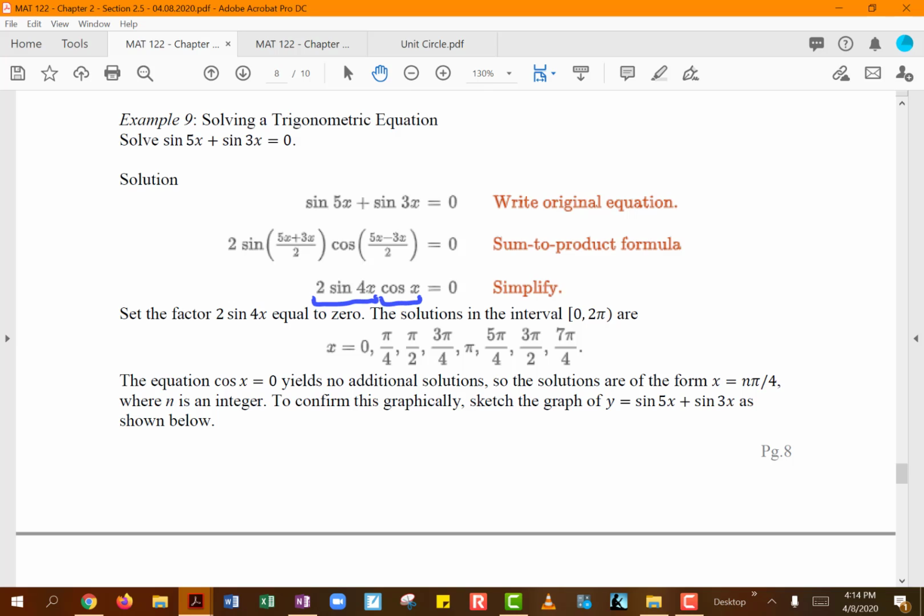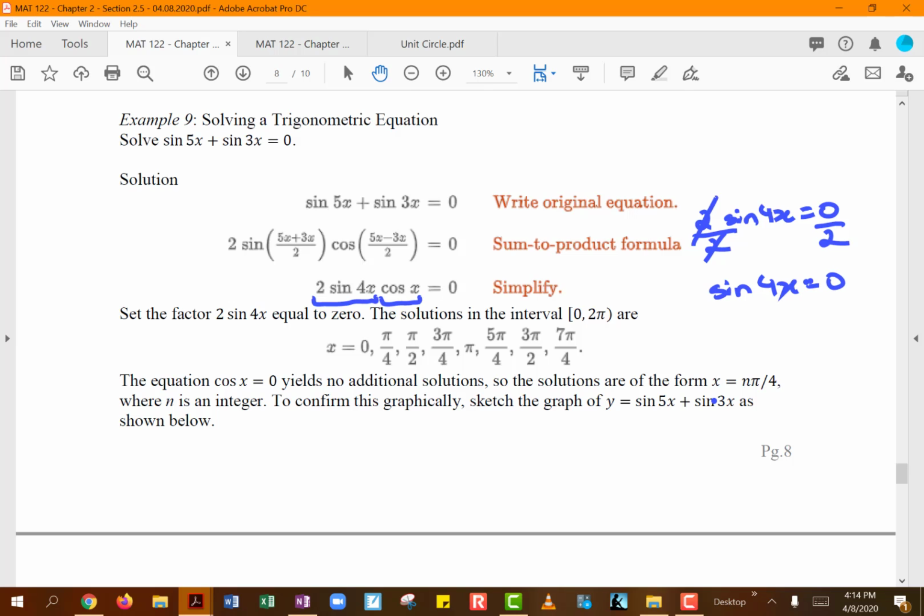Take your cosine of x, set it equal to 0. Find your solution. So if you took 2 times sine of 4x and set it equal to 0, we'd of course start by dividing by 2 first, and you would get sine of 4x equals 0.